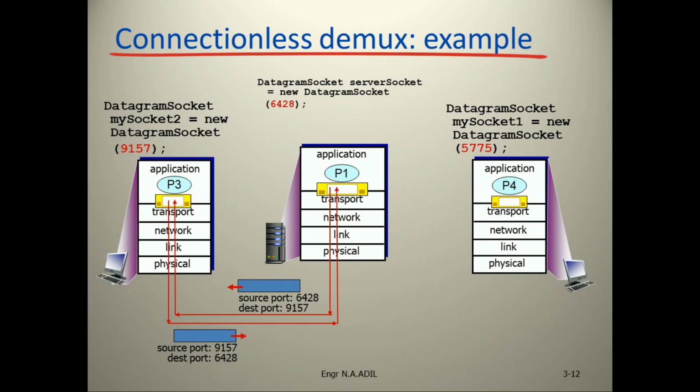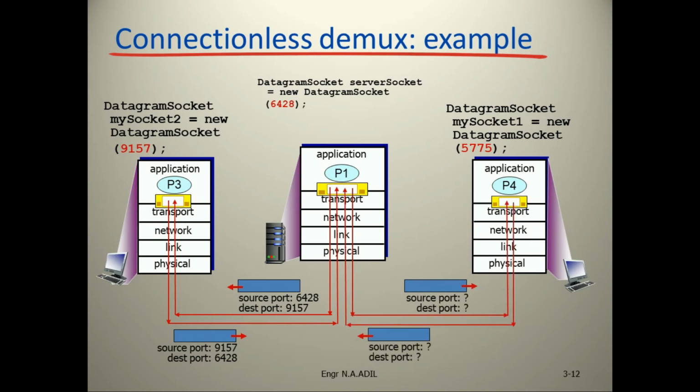Now in this scenario P1 is the source and P3 is the destination. Here the source is P1 and P4 is the destination, and in the next scenario P4 is the source and P1 is the destination.